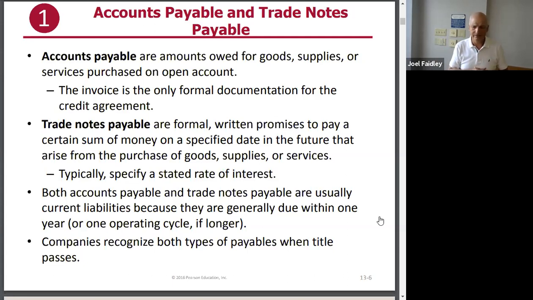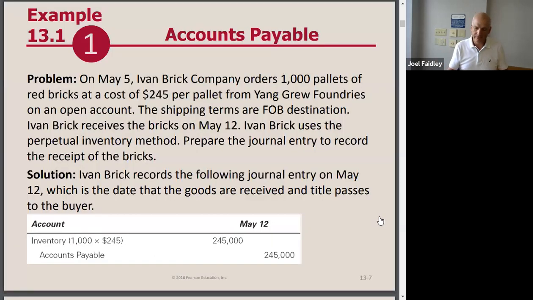And if it gets beyond 60 days or so, there may be interest associated with that. If there's interest associated with a payable, then it becomes a trade notes payable. A very simple example there, buying inventory, crediting accounts payable. So you see the process there of debiting expense, crediting payable. Although in this particular situation, you're buying something that is inventory, from cost accounting or managerial accounting.